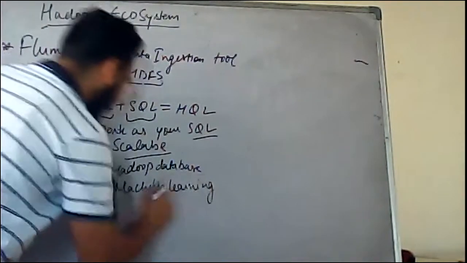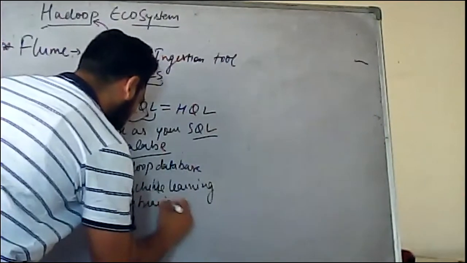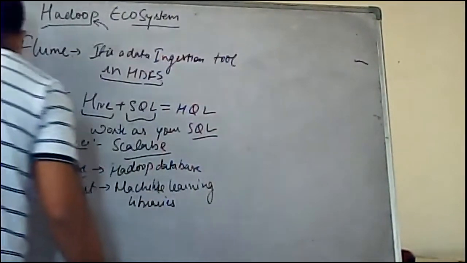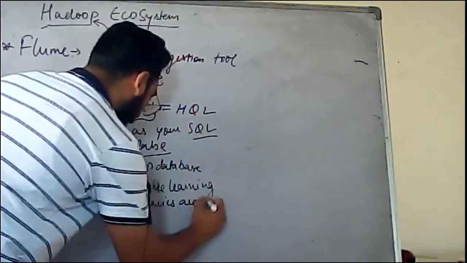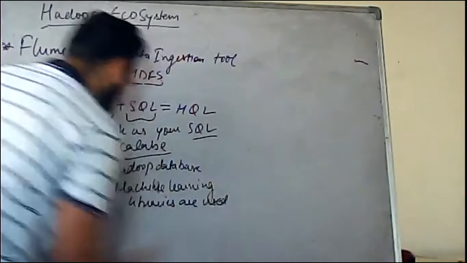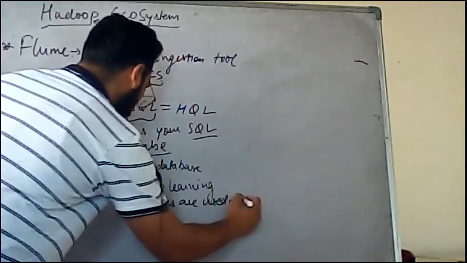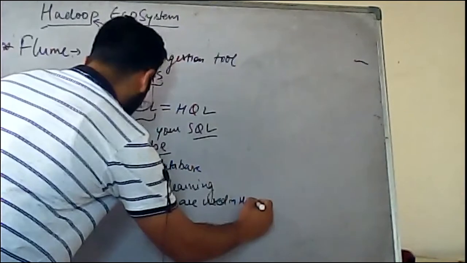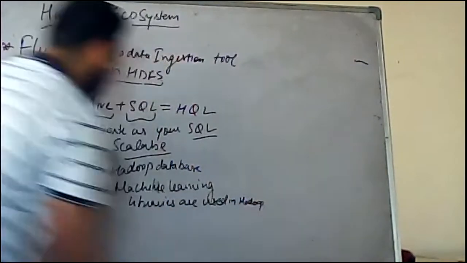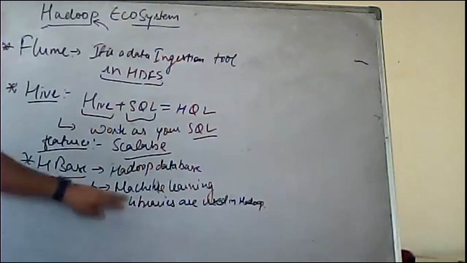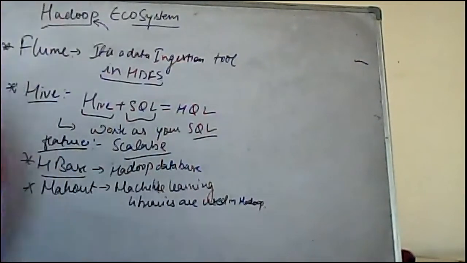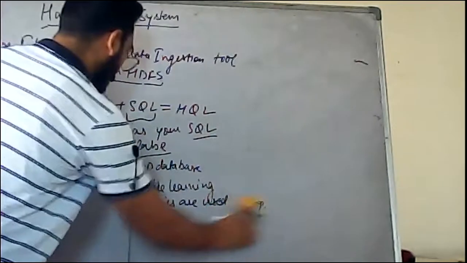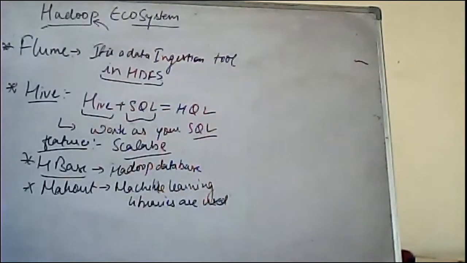Okay, machine learning libraries are used in your Hadoop. That is why the name given to it is Mahout. That is, machine learning libraries are added in this for your predictive analysis.